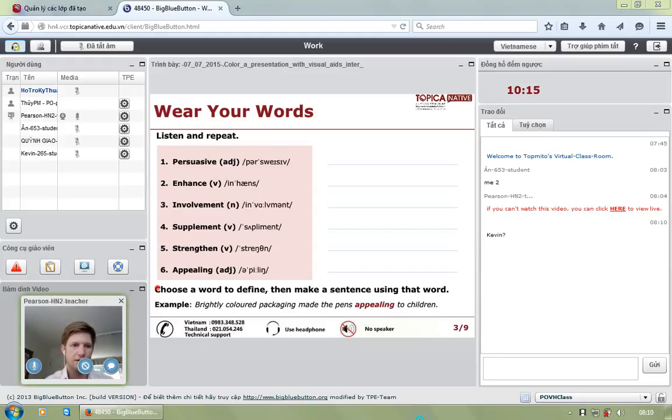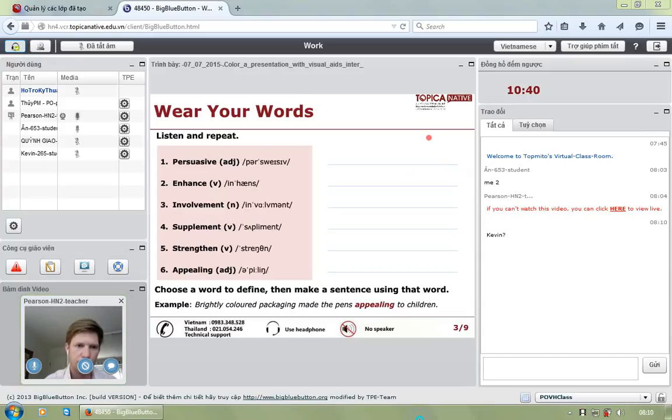Okay, and An, can you define persuasive? Oh, let me turn your mic on. Yeah, can you define persuasive? I think persuasive means to try to convince the other to believe something or someone.